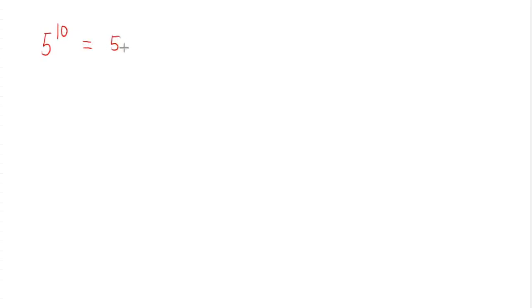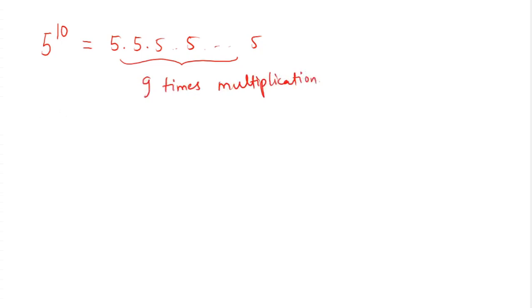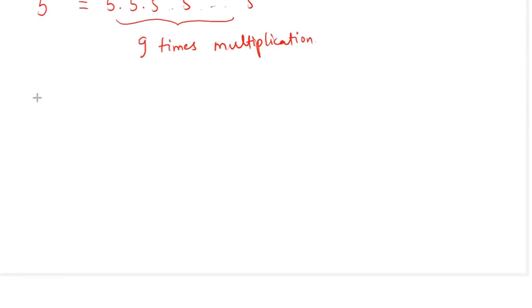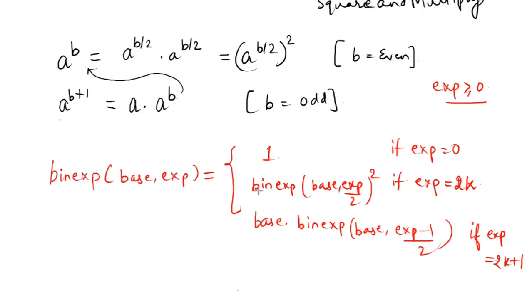Using the naive approach, this will be done with 9 multiplications. While using the binary exponentiation method, note that every time it is being multiplied 2 times, like base exponent by 2 times base exponent by 2.